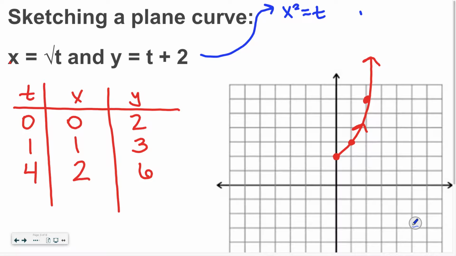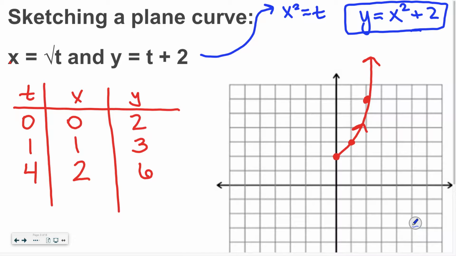So then Y equals T plus 2. Those of you who wanted to solve for y, you would have gotten the exact same thing, but it would have taken a few more steps. Does it matter? Not at all.